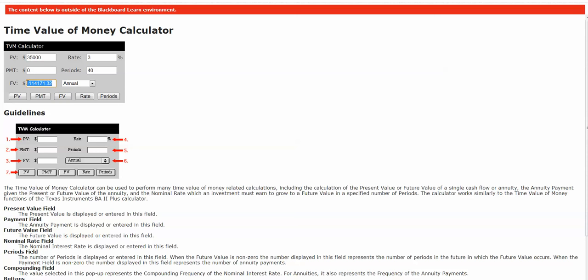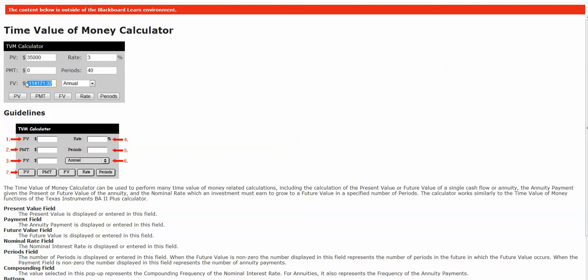So in 40 years, to have the equivalent of $35,000 today, I'm going to have to save up enough to withdraw $114,171 every year. And that's not adjusting for inflation that follows after you hit retirement.